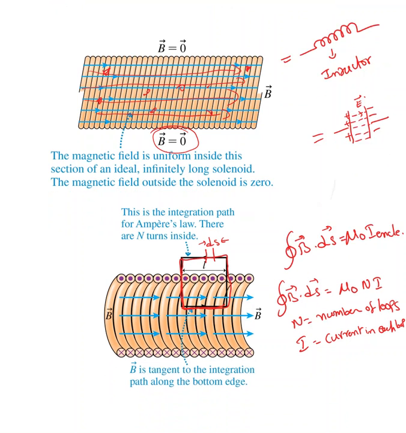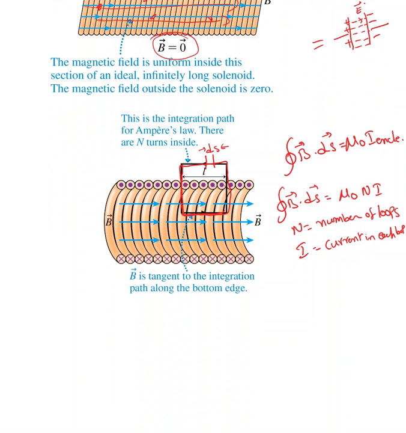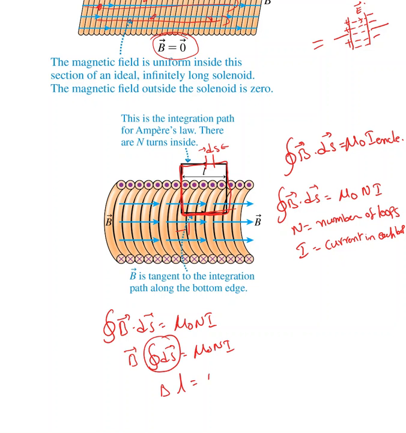Now our goal is finding the magnetic field of the solenoid. The closed integral of B ds equals mu naught n I. The integral of ds is nothing but L, if I take this length as L. So B is constant anywhere, so B times L equals mu naught n I.